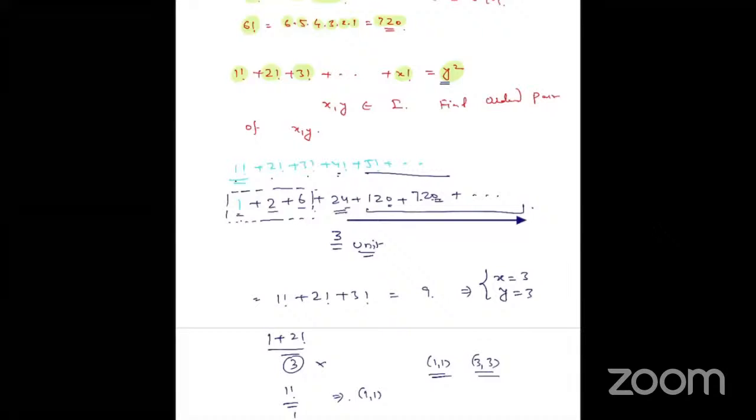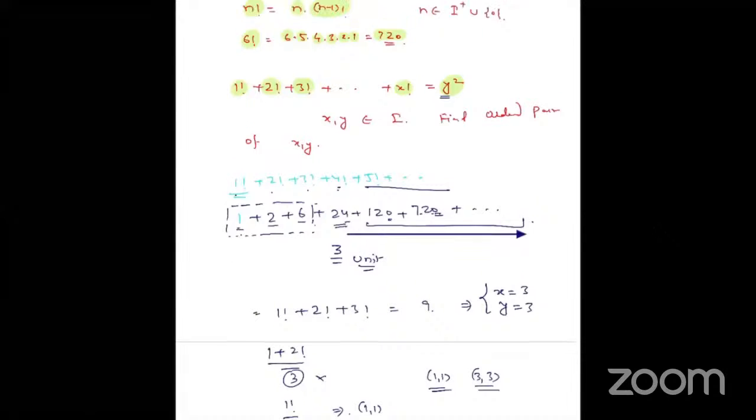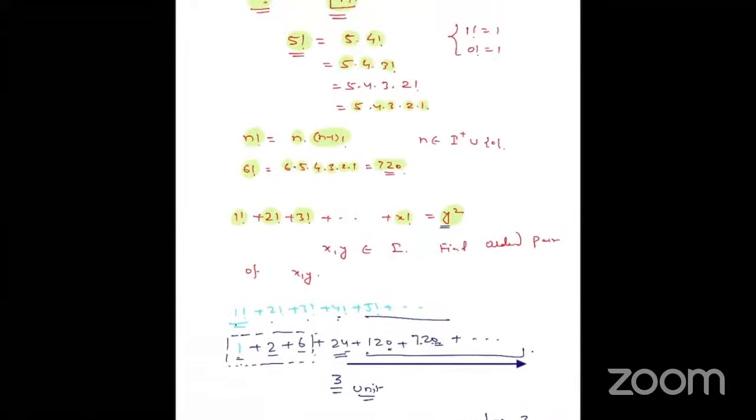As I said, the value of factorial 0 is 1. It's written there also, I guess. Right, Musa?